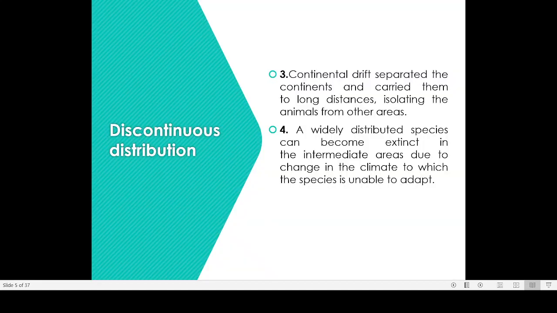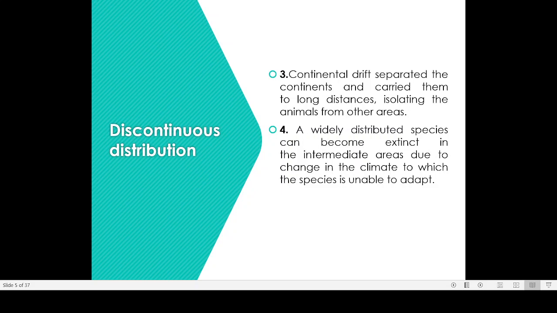Then another feature is that continental drift separated continents and carried them a long distance, isolating animals from one another. For example, in the case of lion, cheetah, and elephant, India and Africa were once very close to each other. In the last class, we saw how plates were diverging, moving from one point to another.